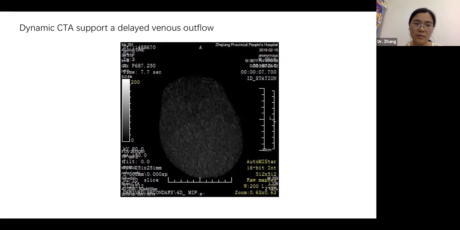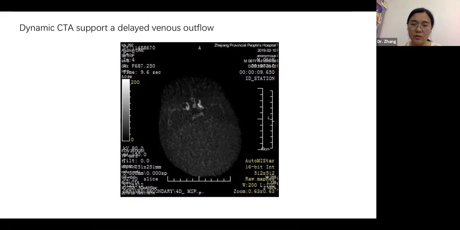And let's see a dynamic CTA. This dynamic CTA can also support a delayed venous outflow. Let's especially look at the superior middle cerebral vein. At the beginning, when the contrast goes into the arteries, you can see the contrast exists on both sides.